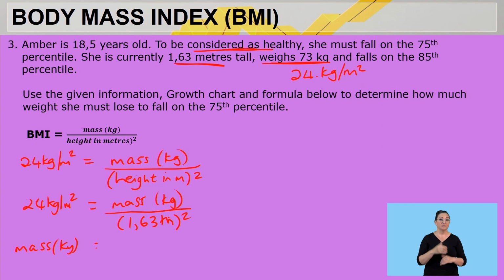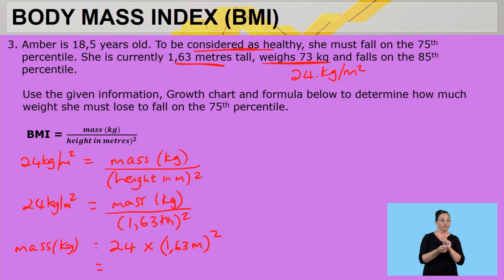We'll transpose. So now I'm going to take the 24 and multiply by the 1.63 meters squared. Guys, are you still with me? So 24 multiplied by 1.63 meters squared. That will give me a mass in kilograms. Can we see? That's what we are calculating now.